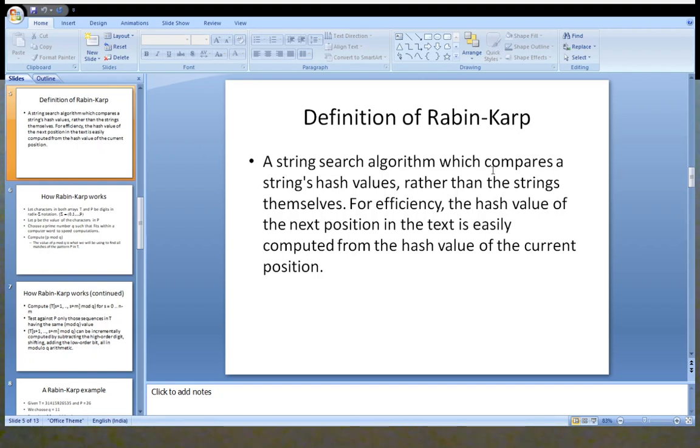For example, the pattern we want to find is 525, and if the hash value is 5, then the hash of the pattern would be 0, because 525 mod 5 equals 0.